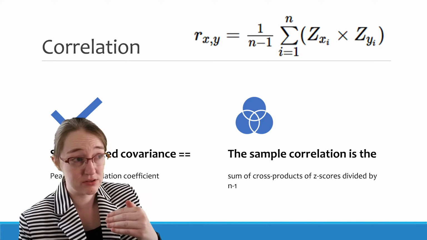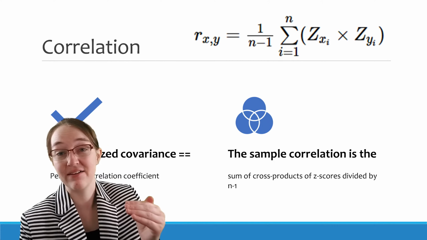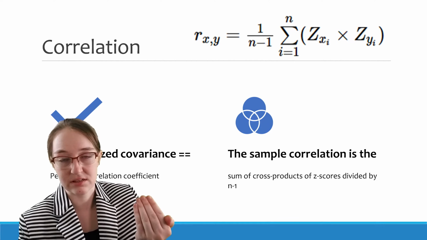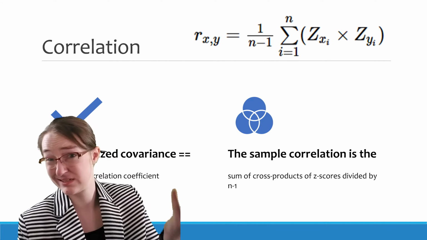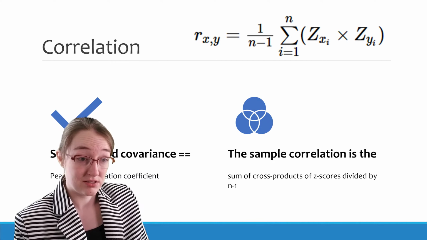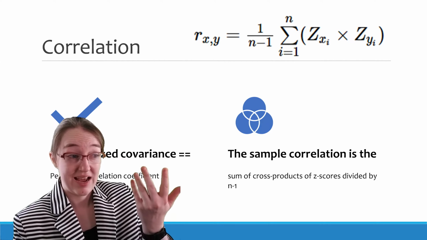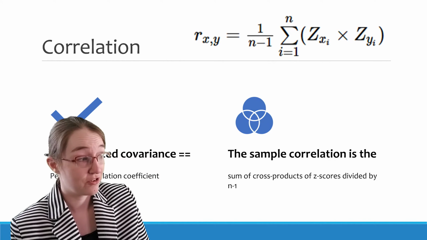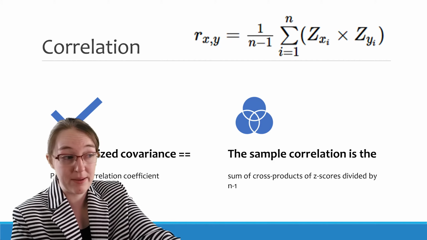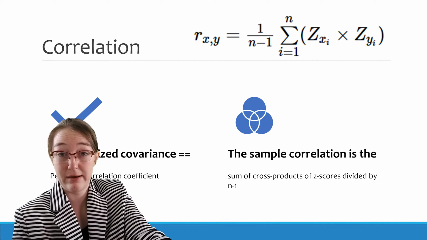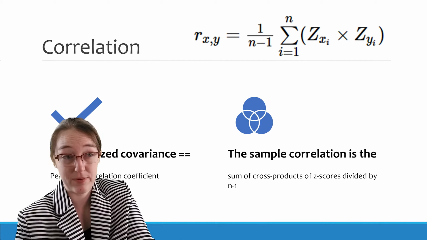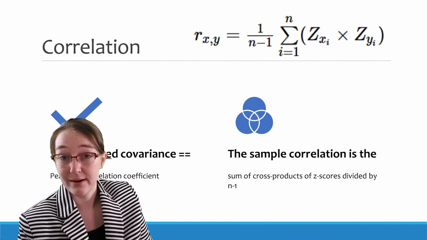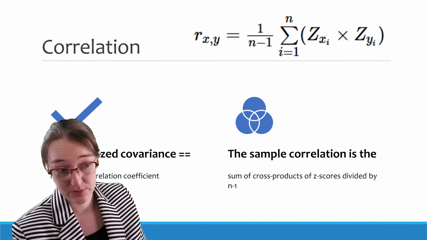So we sum those, and then to get the average, because if we don't, then the bigger the sample, the bigger the covariance. So we need to standardize it somehow. So what we do is then we average it. For a population level parameter, we would just divide by n. But for a sample, we use Bessel's correction and use n minus 1.